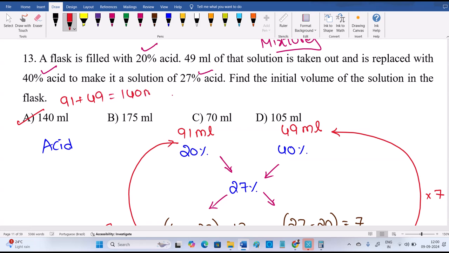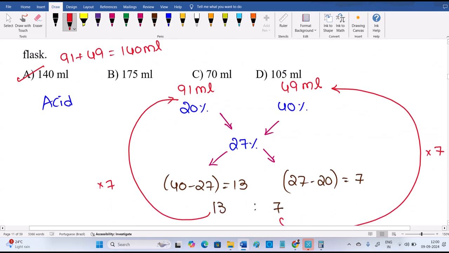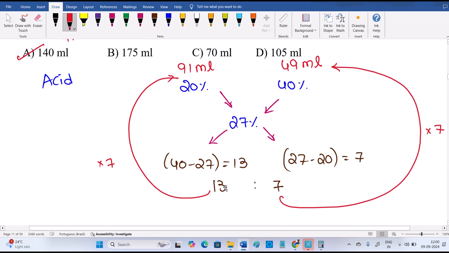See, from 140 ml, 49 ml of solution is taken out, then 49 ml of acid is added. Here I am talking only about acid. Acid 20% initially, then 40%. Then finally mixing gives 27%, right? So the difference is 13. This difference is 7. 13 and 7. This 7 represents 49, into 7.